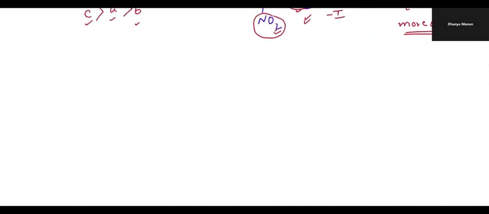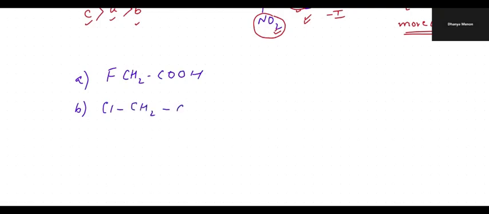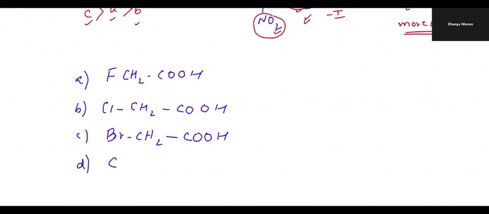If I have A as FCH2COOH, B is ClCH2COOH, C is BrCH2COOH, D is I2CHCOOH.